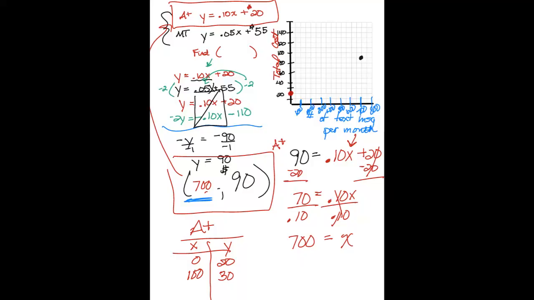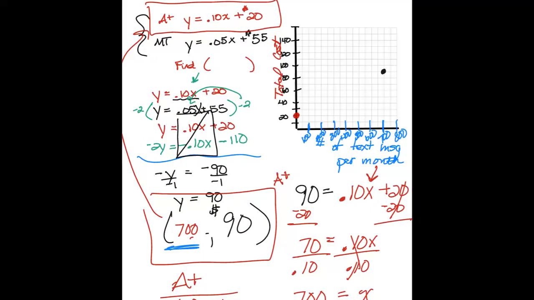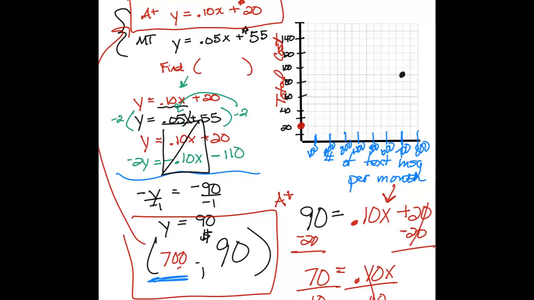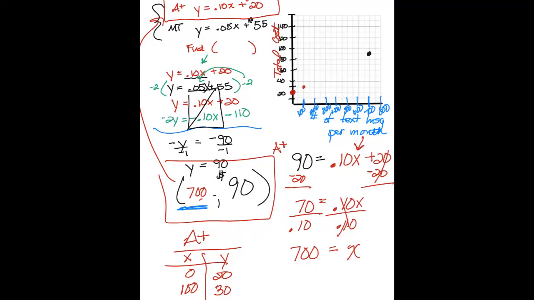So 100 is 30, and we started at 20. So basically every 100 is going to be 10 more.